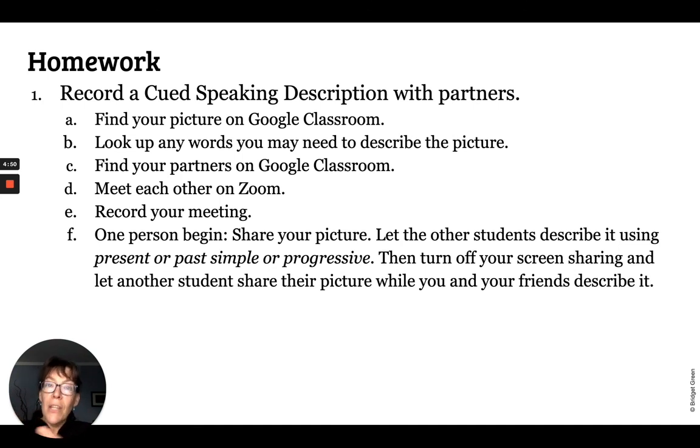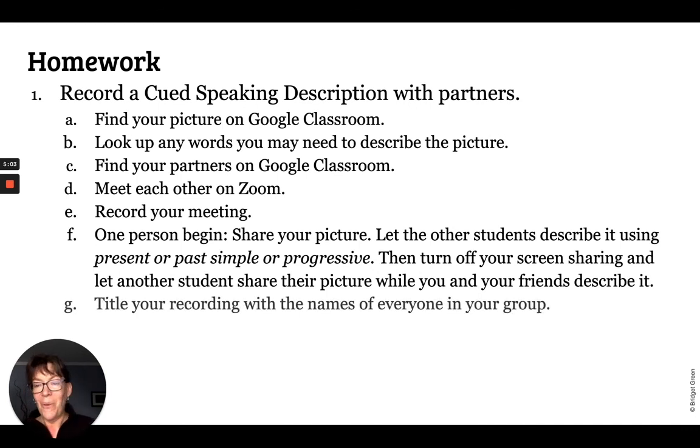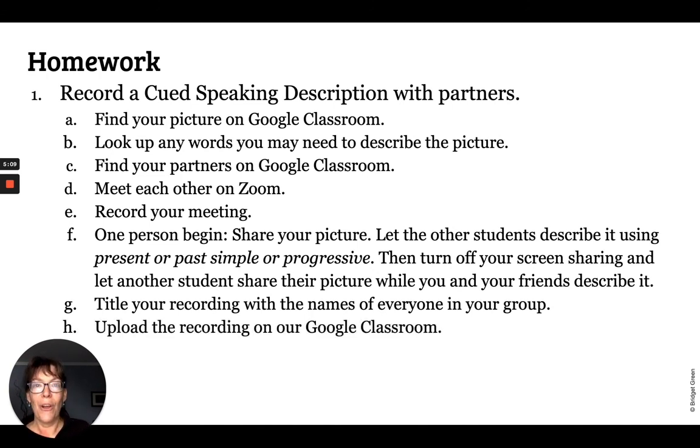Okay? Then turn off your screen sharing and let another student share their picture while you and your friends try to describe it using the correct tense. Right? Title your recording with names of everyone in your group and upload that recording on Google Classroom.